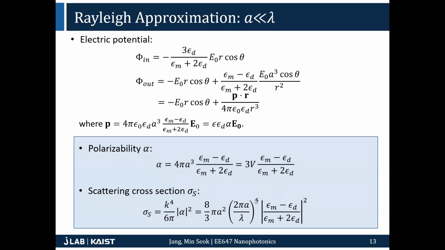Here you see that the scattering cross-section is the particle's physical cross-section area, pi a squared, multiplied by 2 pi a over lambda to the fourth power. So if the particle size is small enough, the scattering cross-section is proportional to the fourth power of the size of the particle.